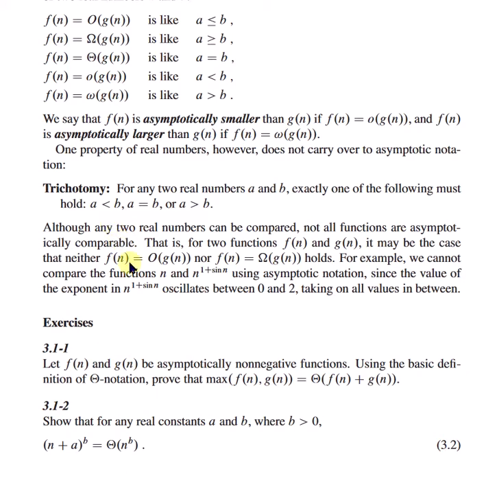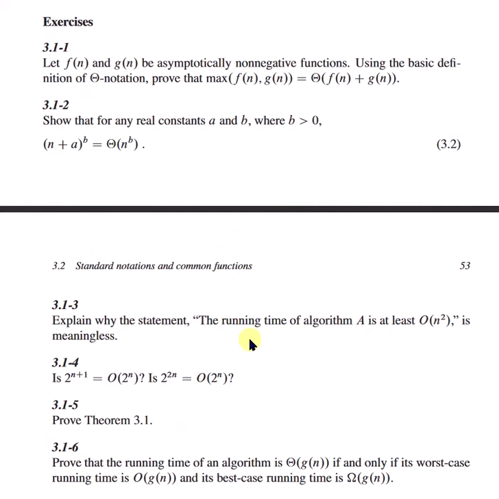Although any two real numbers can be compared, not all functions are asymptotically comparable. That is, for two functions f of n and g of n, it may be the case that neither f of n equal to big O of g of n nor f of n equal to omega of g of n holds. For example, we cannot compare the functions n and n to the power 1 plus sin n using asymptotic notation, since the value of the exponent in n to the power 1 plus sin n oscillates between 0 and 2, taking on all values in between.